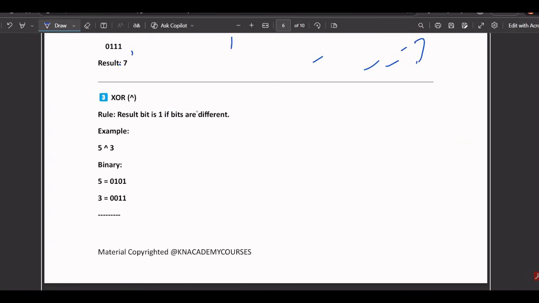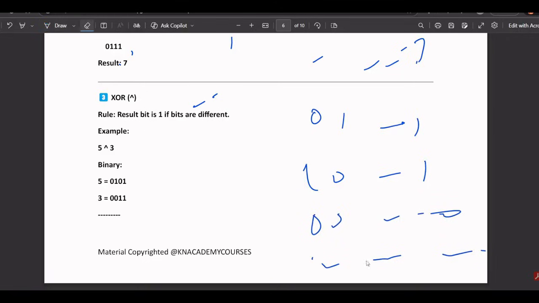So let's understand the XOR operator. Basically, the XOR operator's result bit is 1 if the bits are different. If it is 0 and 1, then it will be 1. If it's 1 0, then it will be 1. But if the bits are the same, like 0 0, it will be 0, and 1 1 will be 0.